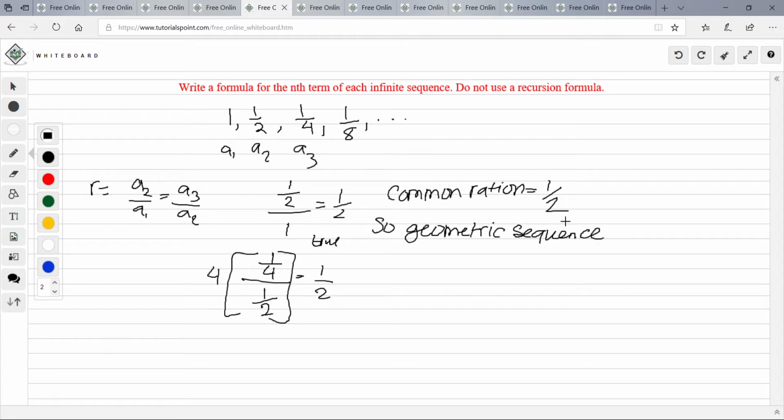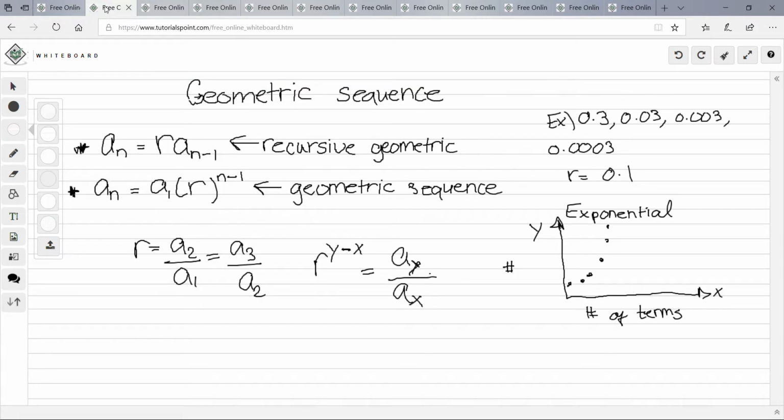Okay, now if we know it's a geometric sequence, we can use, it says do not use a recursion formula, so let's go back to our formulas. So we should use this one, right?